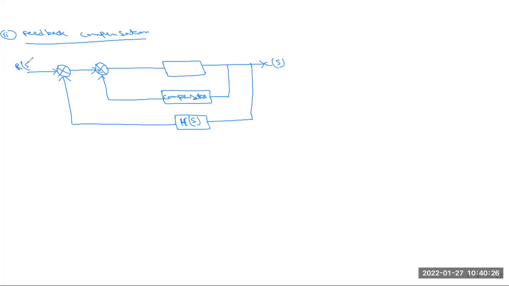This is the input of the system, R(s), positive, negative. This is a process or plant. And this is a compensator network. This is a feedback network. So these are basically the diagram of the feedback compensation.